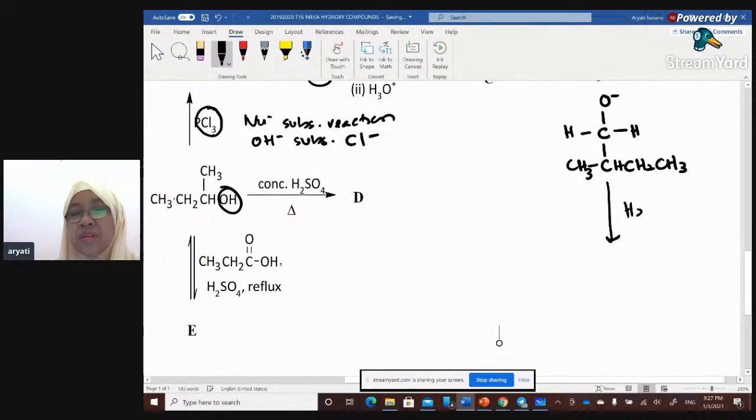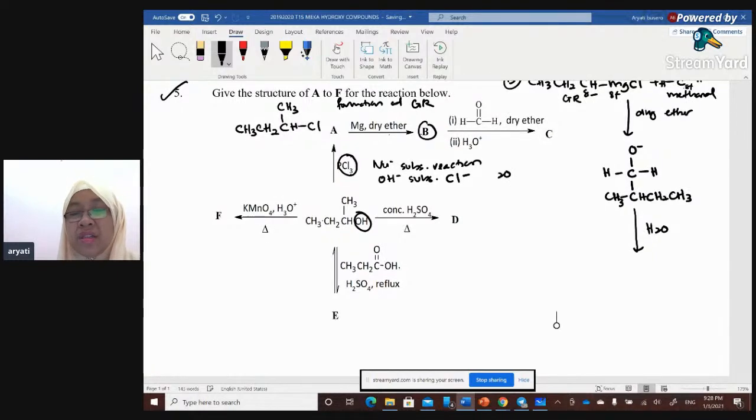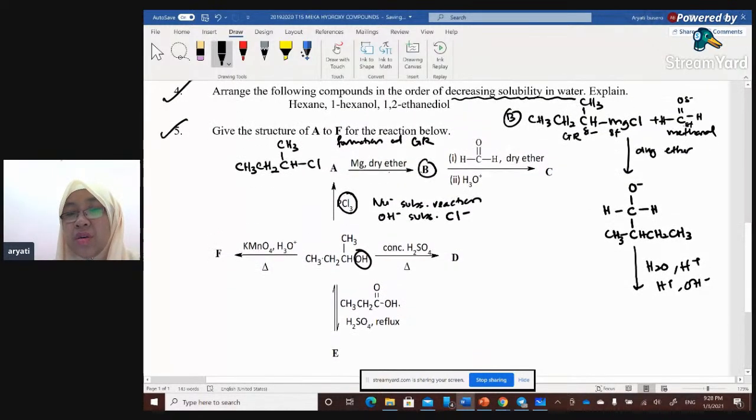Hydrolysis with water. Dia letak situ water acidic medium ialah H3O+. So dia ada H plus dan OH minus. Okay. O ini akan attract dekat sini. Ini akan attract di sini. CO MgCl. Okay. Ini bond kat sini akan terputus.